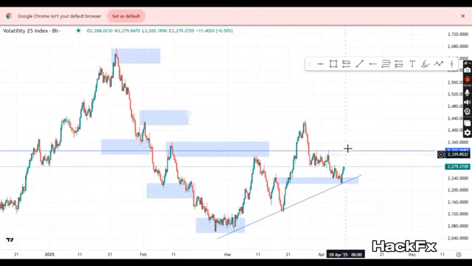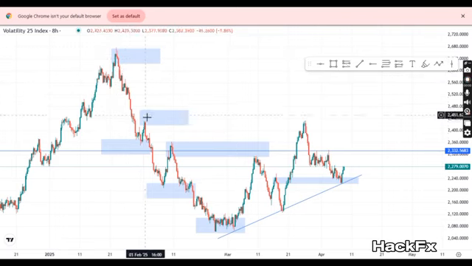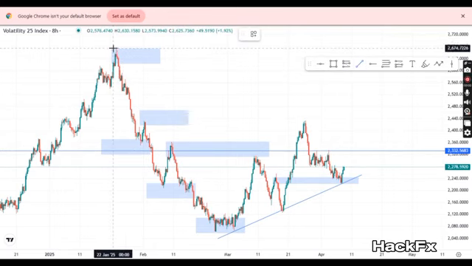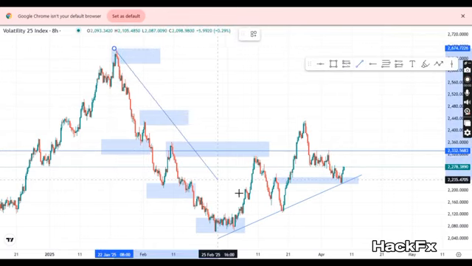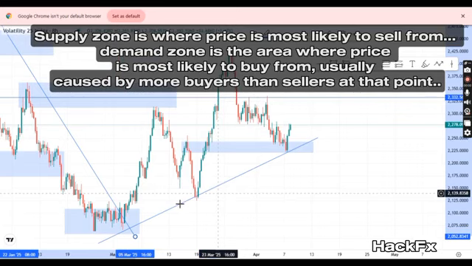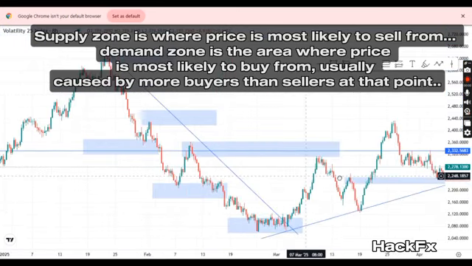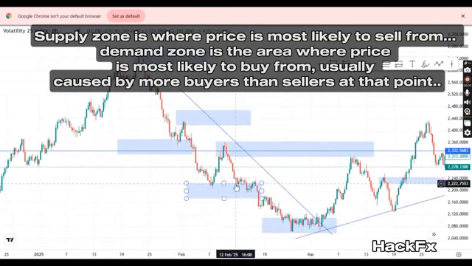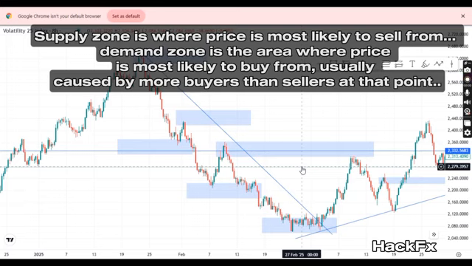Supply and demand zones, just like we mapped out those structures at first when the price was still bearish. Supply zone is where price will get back. So that's just an explanation you can give to even a 10-year-old and they will understand it.